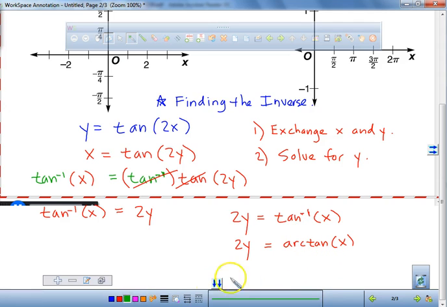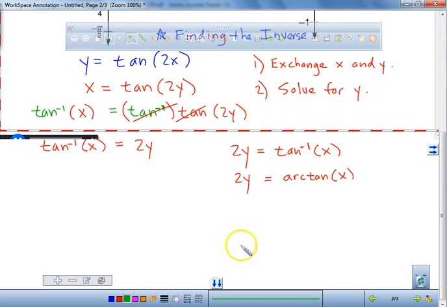Now, a lot of you are wondering, what are we going to do? We're going to divide both sides by 2. But instead of thinking of dividing both sides by 2, I'd like you to multiply both sides by a half. So this half cancels out this 2, and y equals 1/2 the arctangent, or the inverse of tangent, of x.